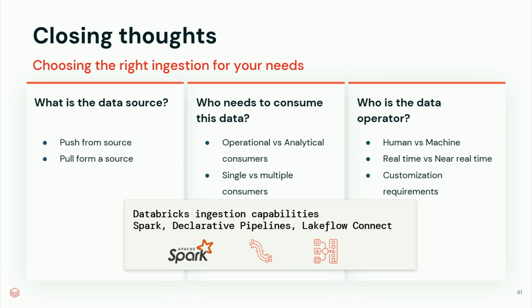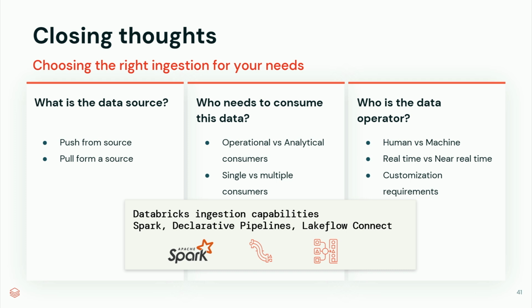Who needs to consume this data is another one. Do we have operational consumers as well as analytical? A lot of the examples that I gave today of architectures only had analytical consumers of the data, and more specifically, the only consumer of the data was for ingestion. So if you only are using this message bus for ingestion, Zero Bus could be a really good alternative architecture.